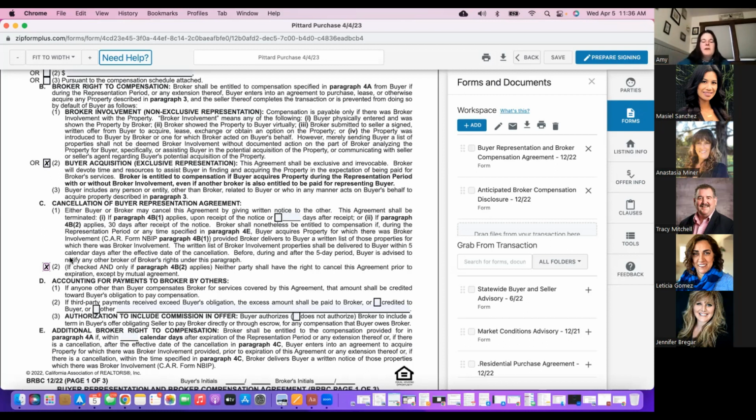We would do that with a modification of terms. Are you going to put a date in that C1? No, I don't have to worry about C1 because it's only if paragraph 4B1 applies. If 4B2 applies and we check this box, then they can't cancel except by mutual agreement. End of story. We don't have to worry about putting in any numbers in C1.